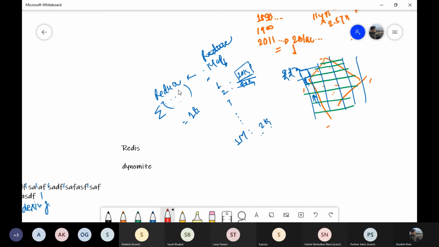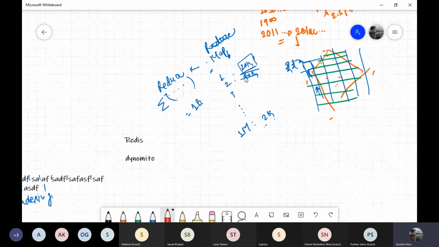MapReduce or technologies like big data use those commodity servers in larger numbers, like hundreds and thousands of them, and they process small amounts of data at their individual spots, which is called mapping. Then this mapping eventually gives you a processed set, which is then combined to get the final result, which is the reduce operation.